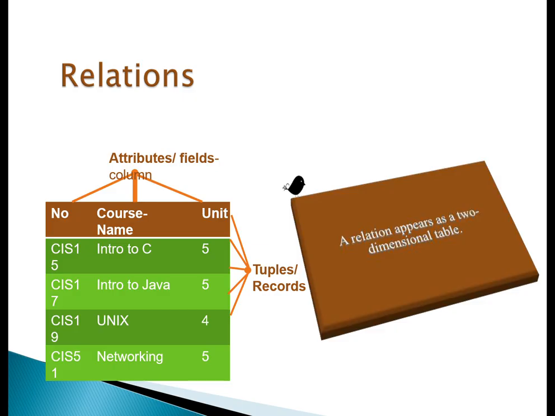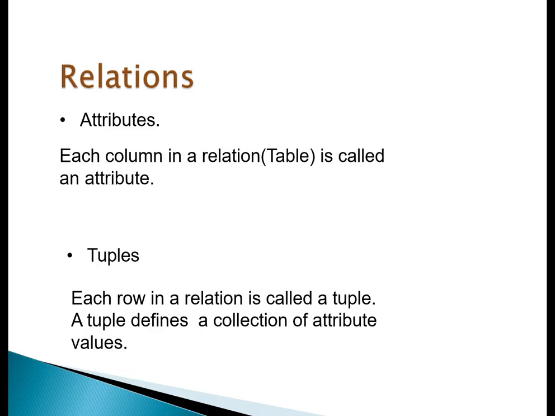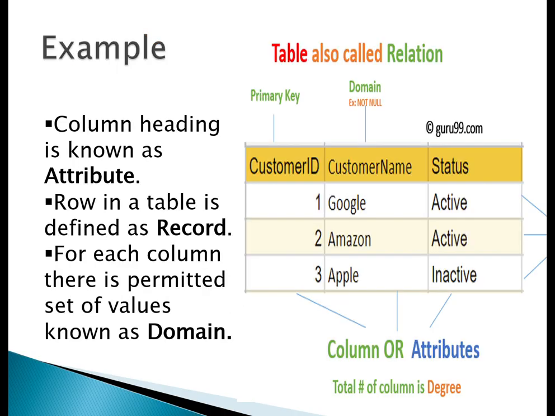So here is an example. The columns of the table are called as attributes, and rows of the table are known as tuples or records. Now, you have to remember: table is also known as relation, columns are also known as attributes or fields, and rows are also known as tuples or records. So these are the technical terms.